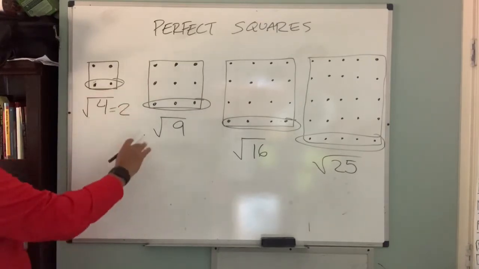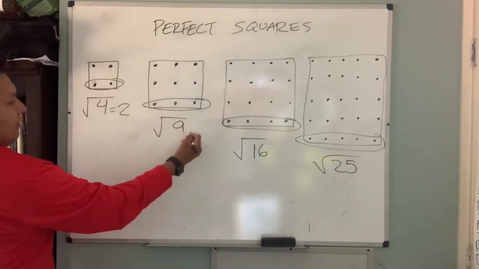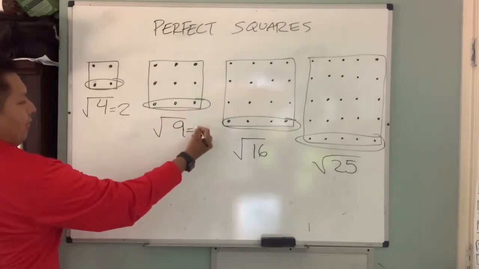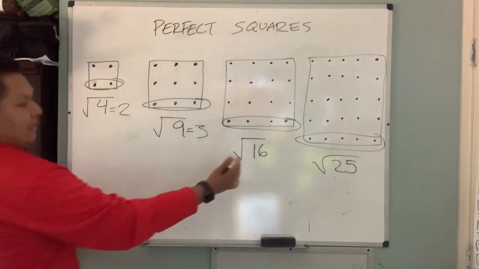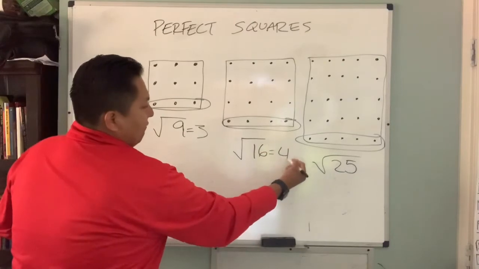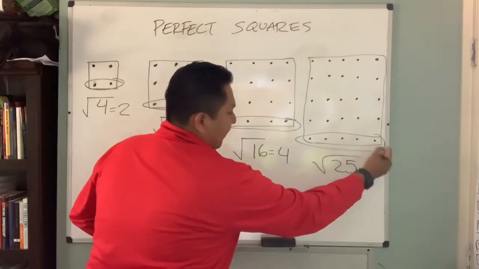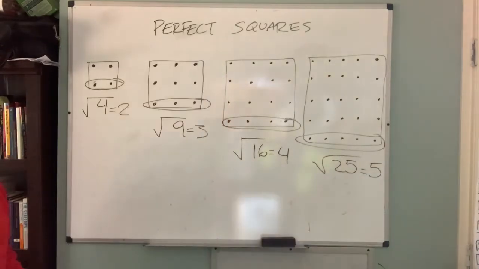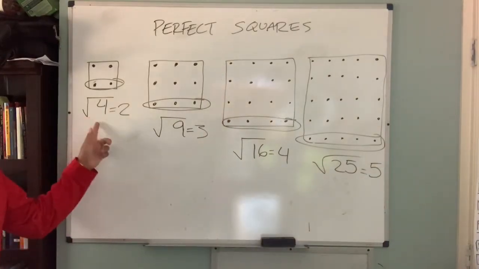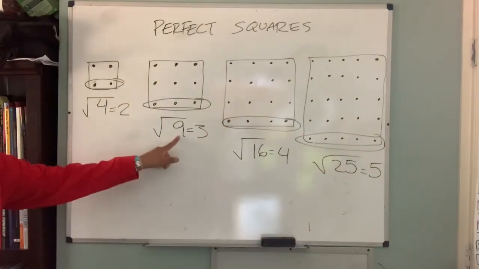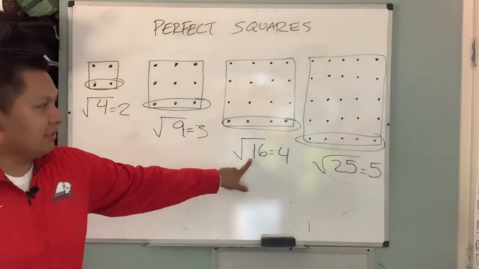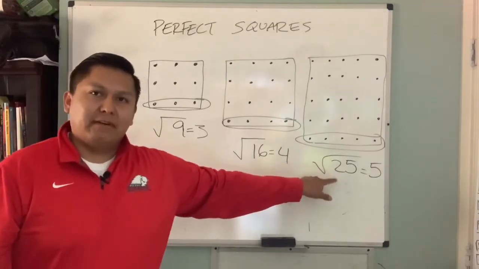The square root of 9 is going to be 1, 2, 3. 3. The square root of 16 is going to be 4. The square root of 25, 1, 2, 3, 4, 5, is 5. In other words, it tells us that 4 is a perfect square, 9 is a perfect square, 16 is a perfect square, and 25 is a perfect square.